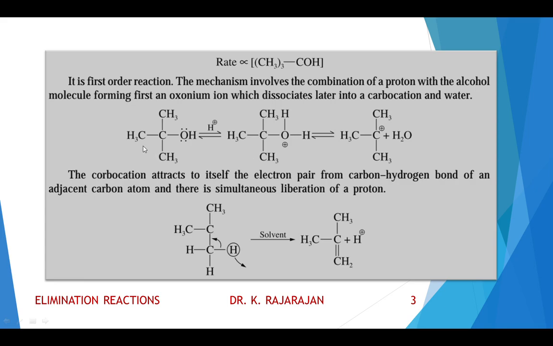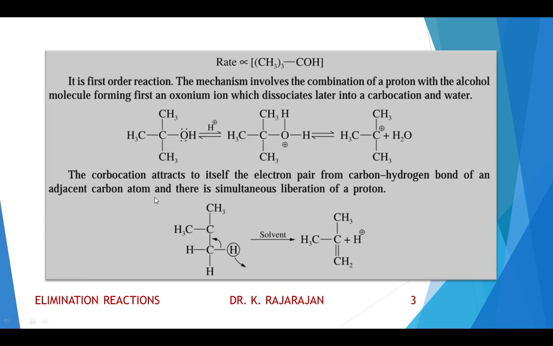So when the tertiary butanol reacts with sulfuric acid, first it gives the oxonium ion like this, and this oxonium ion, after dissociating, gives this carbocation, which is obtained along with water as the byproduct.